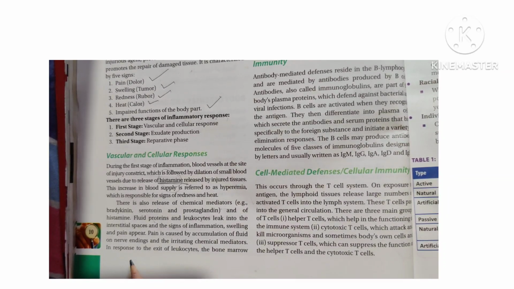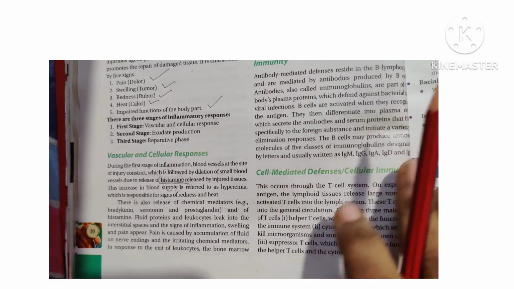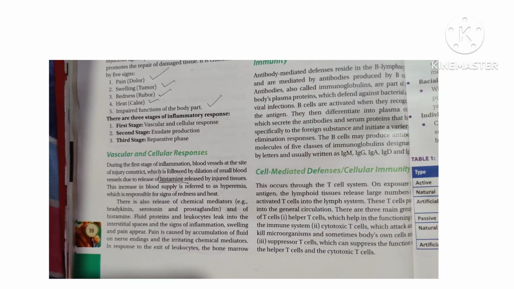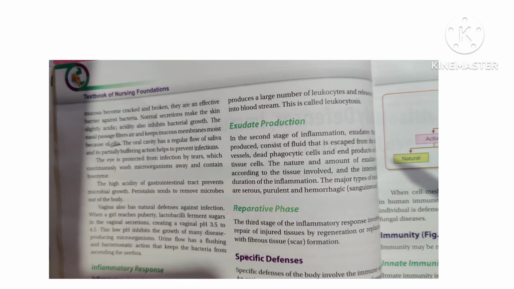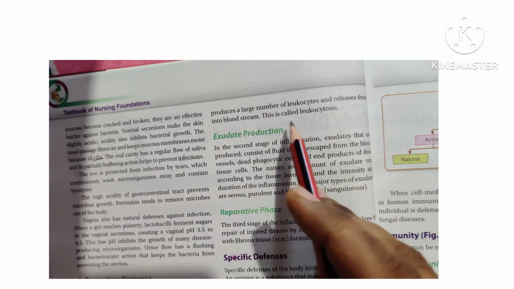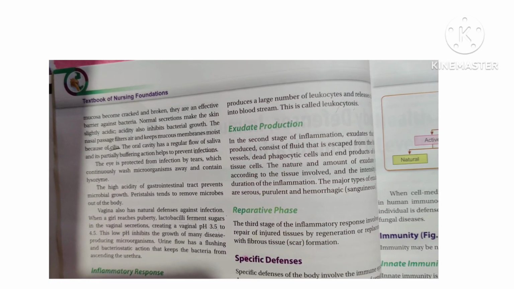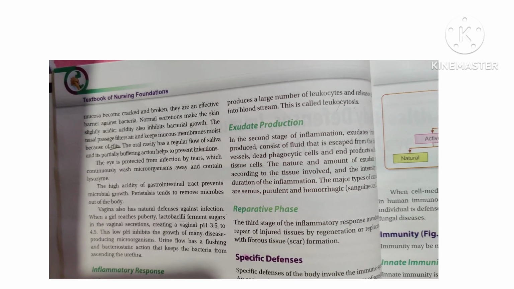Okay, so next is, in response to the exit of leukocytes, the bone marrow produces a large number of leukocytes and releases them into the bloodstream. This is called leukocytosis. So to fight against the infection, what will the bone marrow be doing? From the bone marrow only all the blood cells are formed.